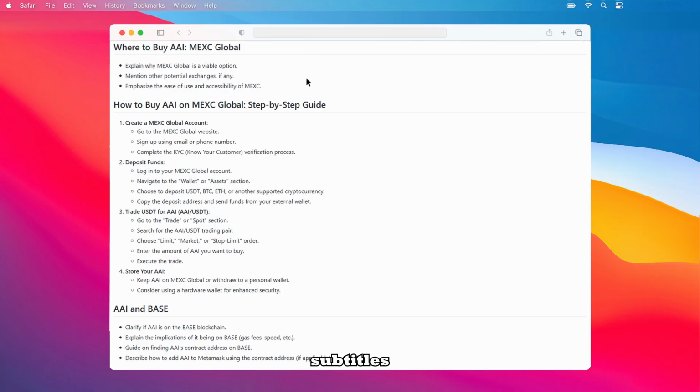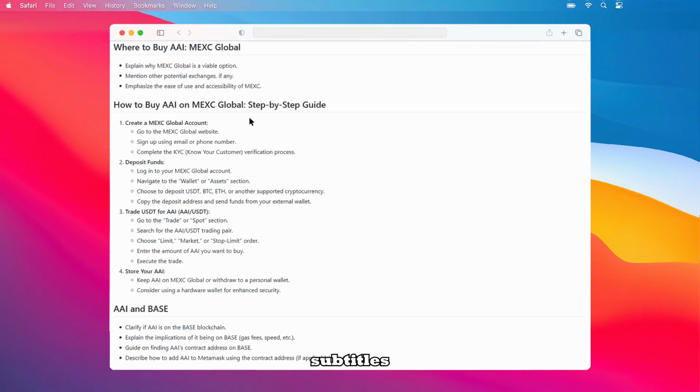Once your account is set up and verified, you need to deposit funds. Log in, navigate to the Wallet or Assets section, and choose to deposit USDT, BTC, ETH, or another supported cryptocurrency. Copy the provided deposit address and send funds from your external wallet.